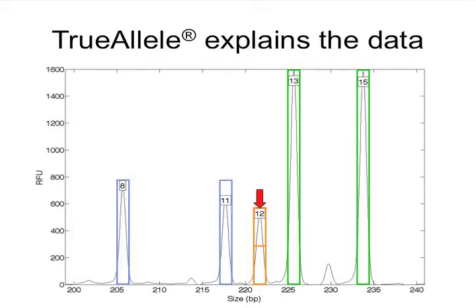And then the minor could possibly be a 12-12. So what you can see is this is just one good explanation of the data, and essentially what's happening is you're getting 3 different people. You could separate them out using the quantitative data and using the genotype modeling.